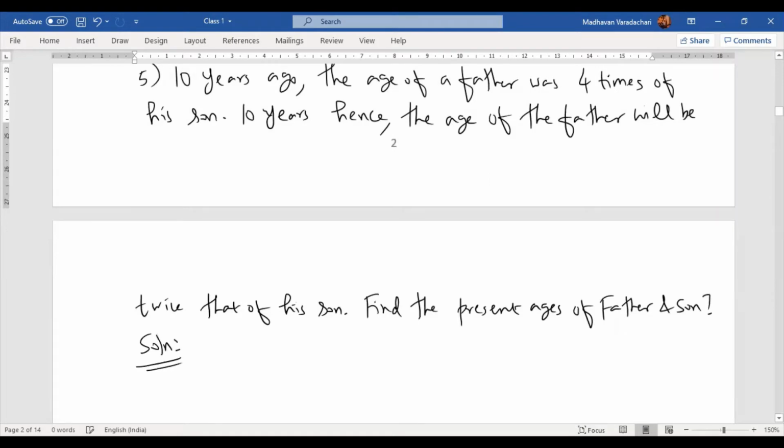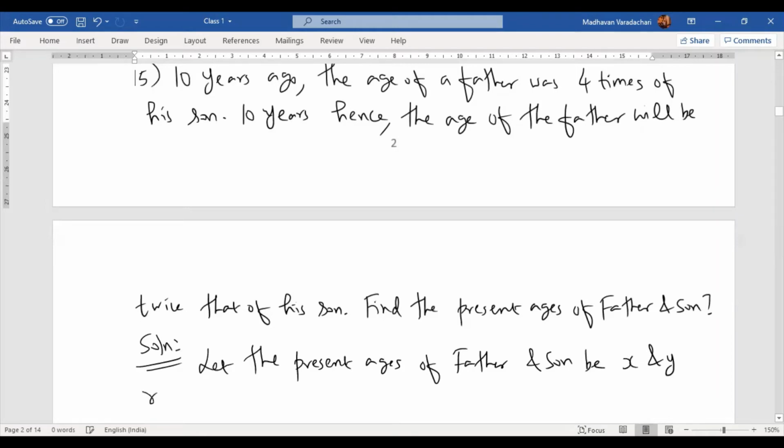Since we are supposed to find the present ages of father and son, let us assume them as x and y. Let the present ages of father and son be x and y respectively.